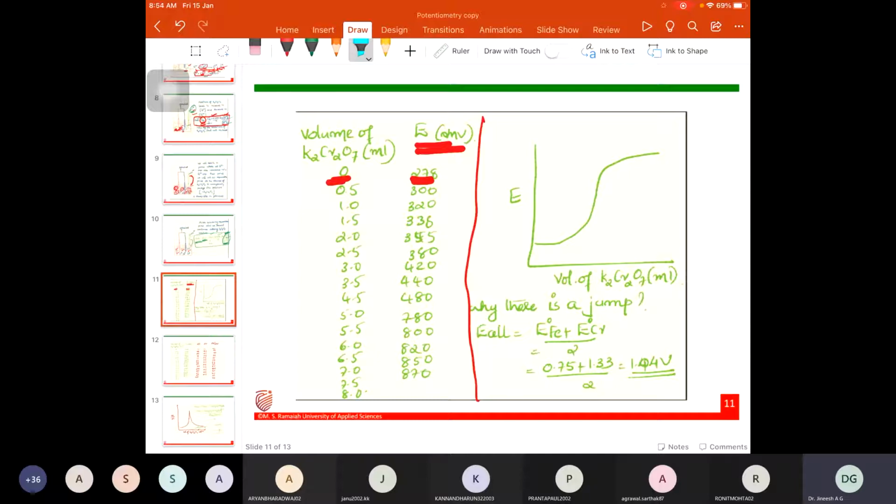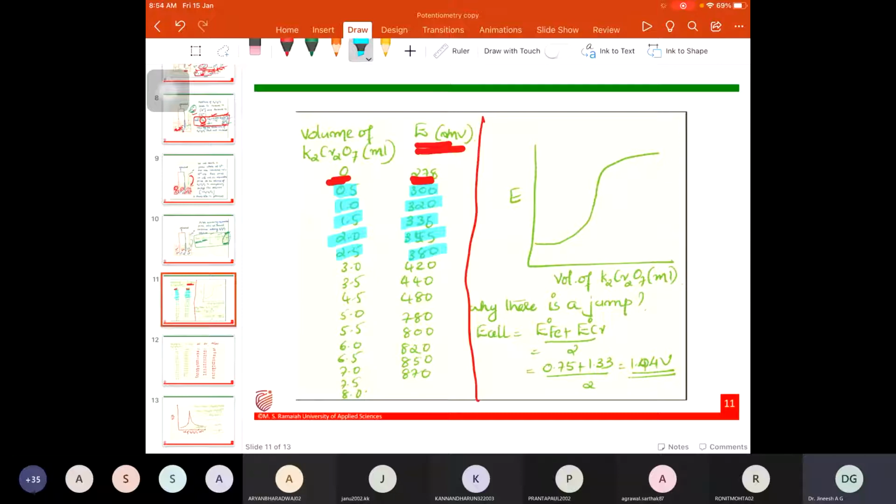You add 0.5 ml, potential increased to 300. You add another 0.5 ml, potential increased to 320. You add another 0.5 ml, potential increased to 338. You add again 0.5 ml, potential increased to 355.